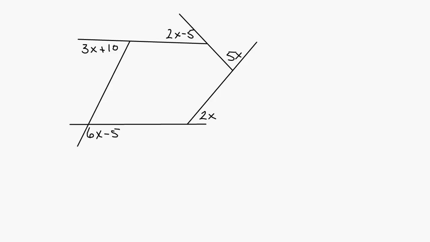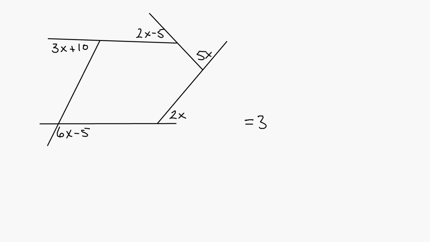So the combination of all these exterior angles has to equal 360. So you got 3x and 6x is 9x, and 2x, 11x, and 5x, 16x, and 2 more, 18x.